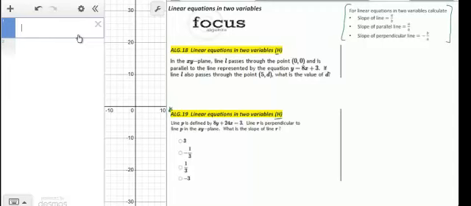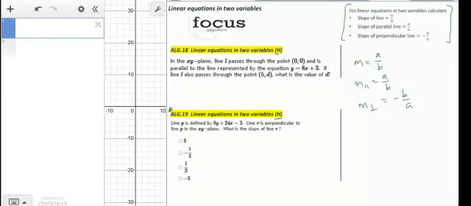If you understand the relationships, when you find the slope of a line, any line parallel to that is going to have the exact same slope. So if the original slope is a over b, then the slope of a parallel line will also be a over b. Okay? And a perpendicular line is going to have a slope that is the negative reciprocal. So change the sign, flip the fraction.